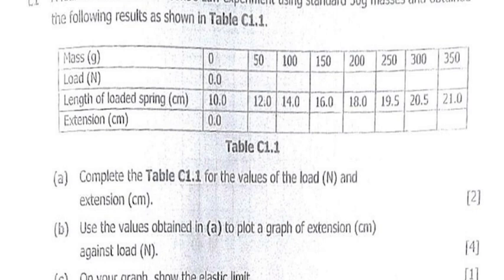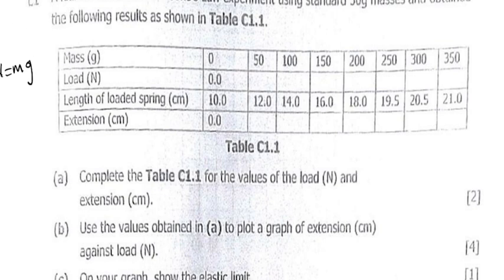Look at, we have that. So we have mass, then we're looking for load. Now load is just simply weight. Now remember, weight is equal to mass in kilograms times gravity. So what we do basically is that this is 50 grams. You convert it to kilograms by dividing by 1000.